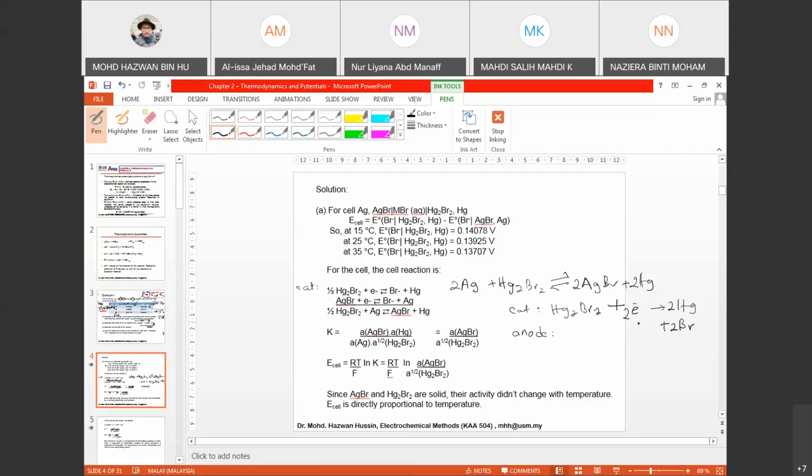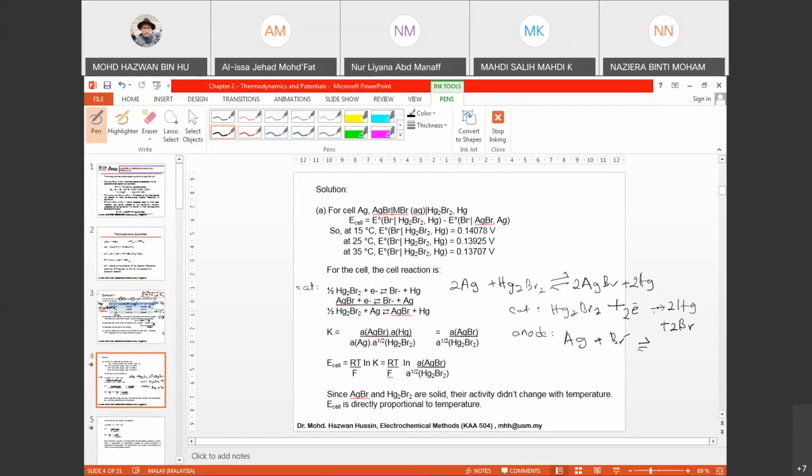So this is the half equation for the cathode, and the half equation for the anode will be as this: Ag gives AgBr plus 1 electron, with a double head arrow.